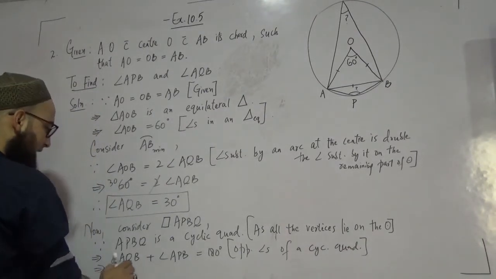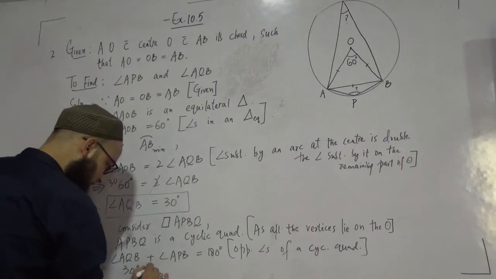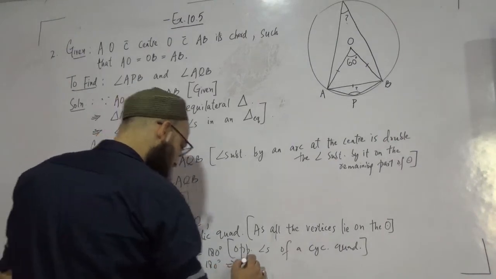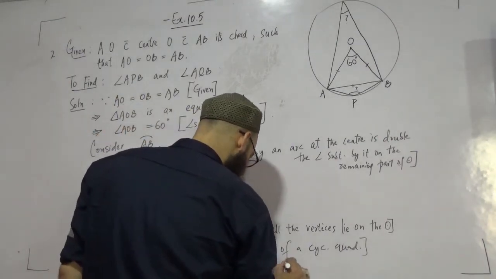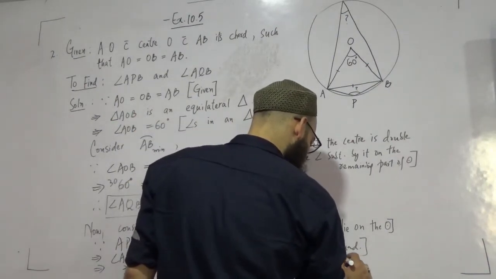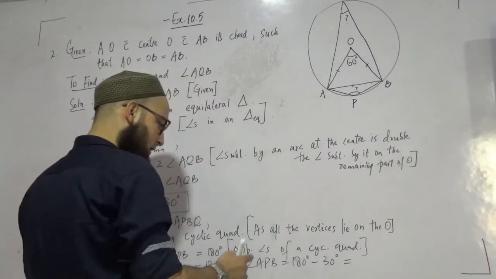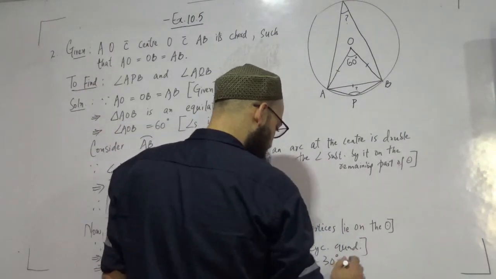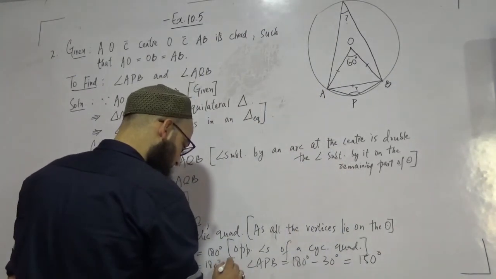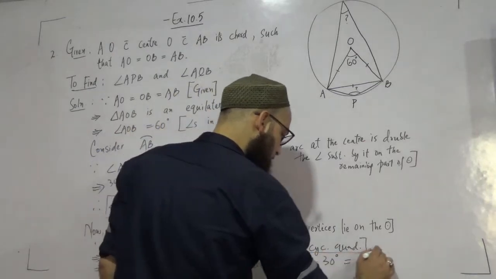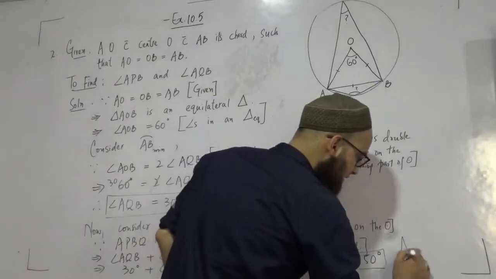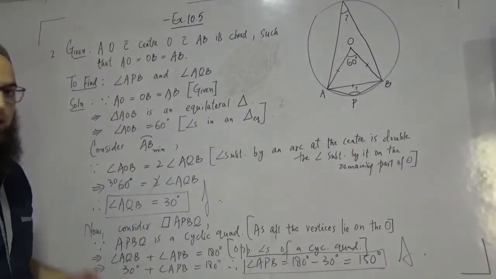So AQB is 30 degrees plus angle APB is equal to 180 degrees, which implies that angle APB is equal to 180 minus 30 degrees, that is 150 degrees. Therefore, angle APB is equal to 150 degrees. That's it. So these are your two answers. This is one answer and this is another answer. Kindly make a note.